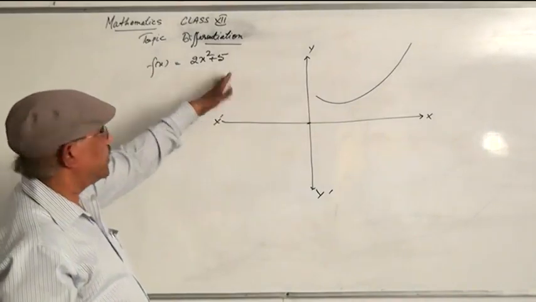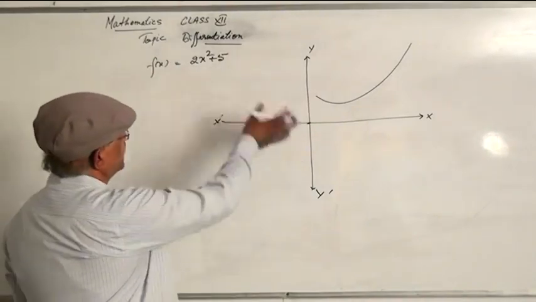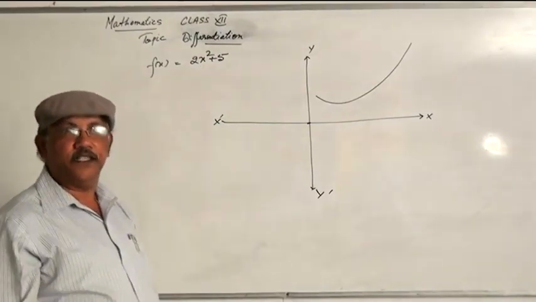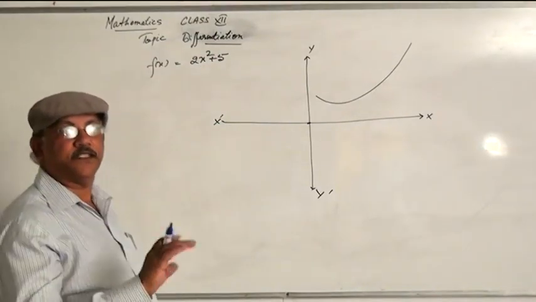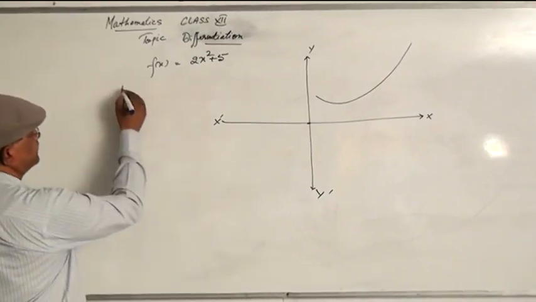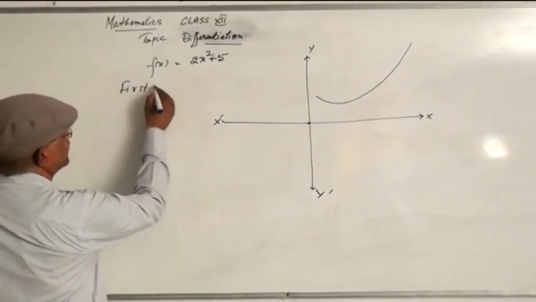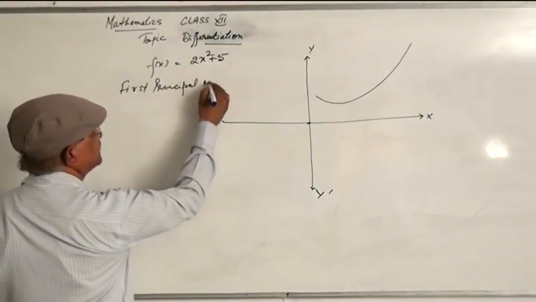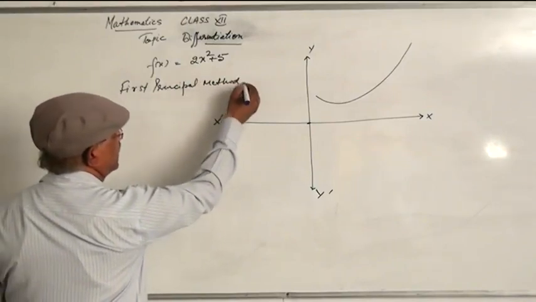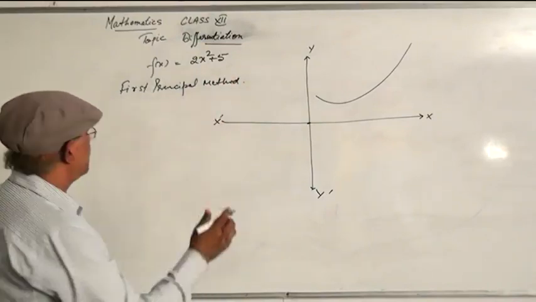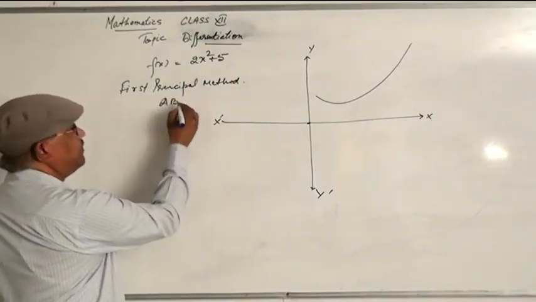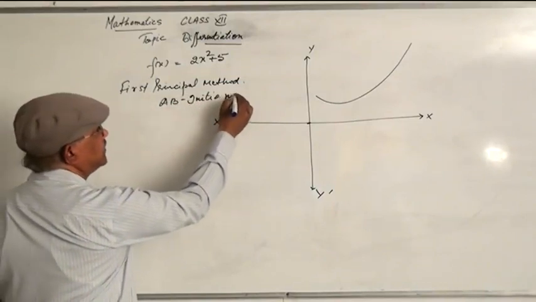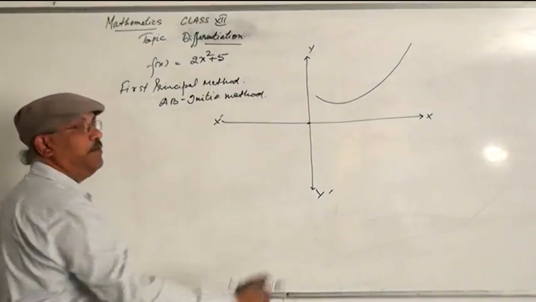Whether it's a function or not is not the topic here, but we will calculate the differentiation of this directly. As you must have studied in class 11th, the first principle method. The first principle method is also known as the ab initio method.